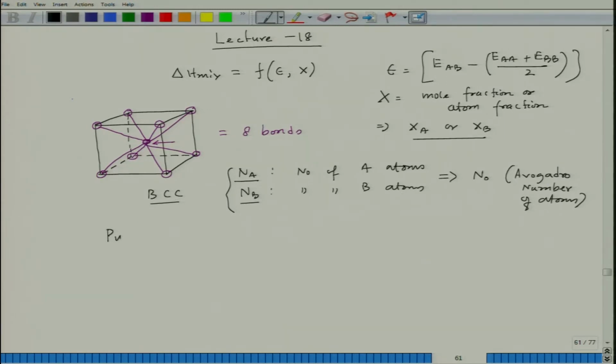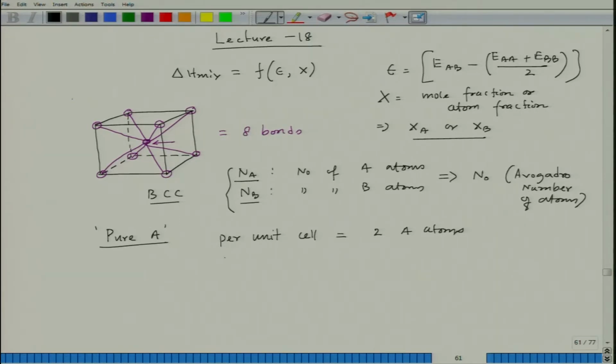Now, for pure A, if we try to find out the bonds per unit cell: per unit cell the total is 2 A atoms, that is 1/8 of all the 8 corner atoms plus 1 atom in the center.